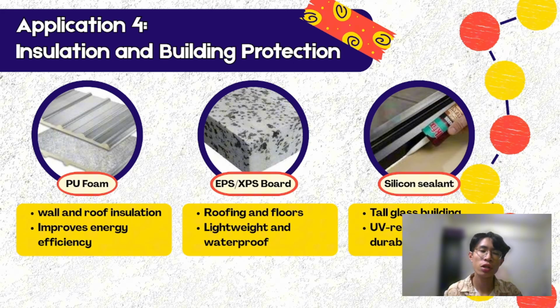Application for insulation and building protection. In this application, there are three types of polymer-based materials being used. First one is PU foam, second is EPS or XPS board, and lastly is the silicone sealant.